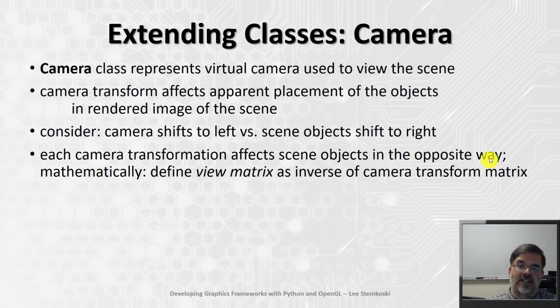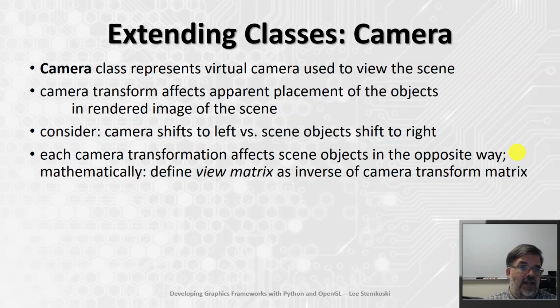And the point of this example is to illustrate that every camera transformation will affect scene objects in the opposite way. If you'd like another example, imagine if you had a camera and then you just rotated the camera by 45 degrees.